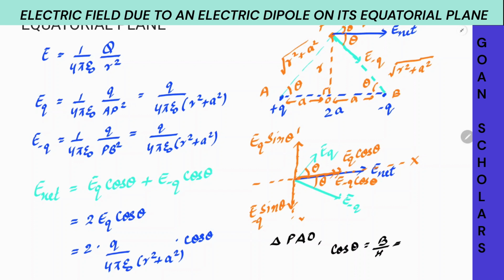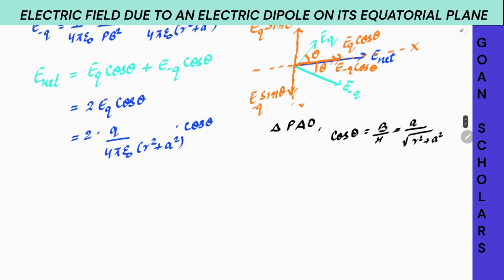Base is AO, which is a, and hypotenuse is nothing but root of r square plus a square. Let's go back and substitute our values. So this will be 2q upon 4 pi epsilon naught, r square plus a square, and cos of angle theta is a upon root under r square plus a square.